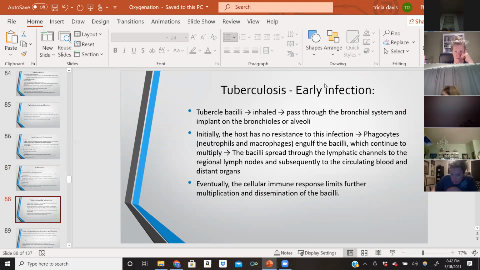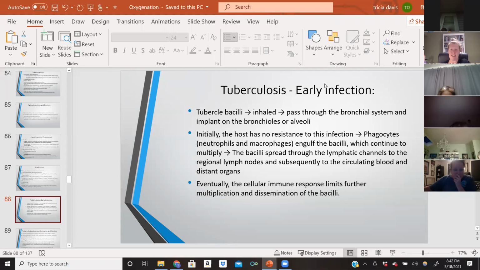occupations. So when we talk about the early infection, the tuberculosis bacilli is inhaled. Once it's inhaled, it passes through the bronchial system and it implants on those bronchioles or the alveoli. Initially, the host, which is the person, has no resistance to this infection. What happens is the phagocytes move out, they release the neutrophils and the macrophages, they go to that infection, they try and engulf it.